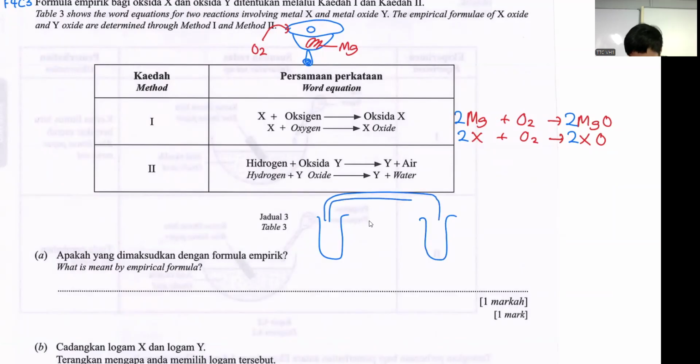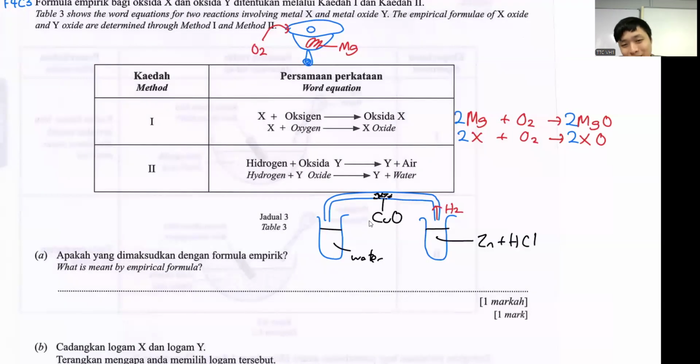Remember this one? In the middle got CuO, remember? One side you got water, one side you got zinc with HCl to produce the hydrogen gas.